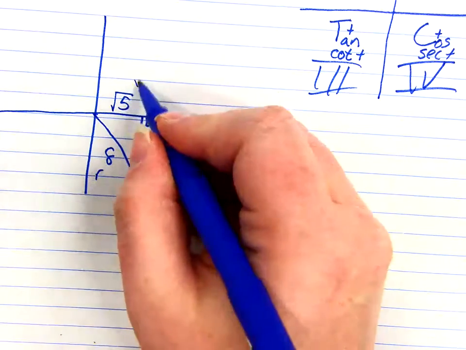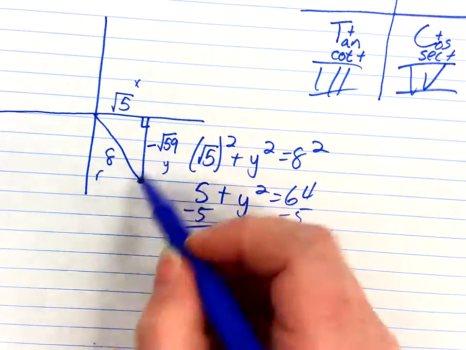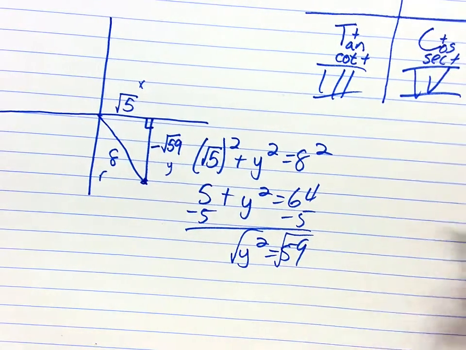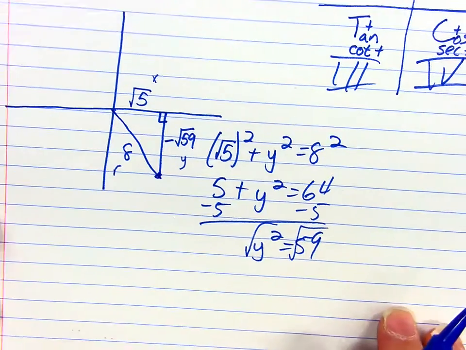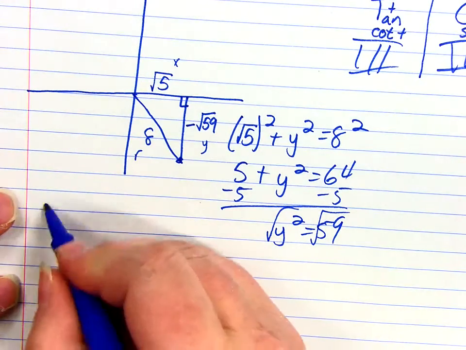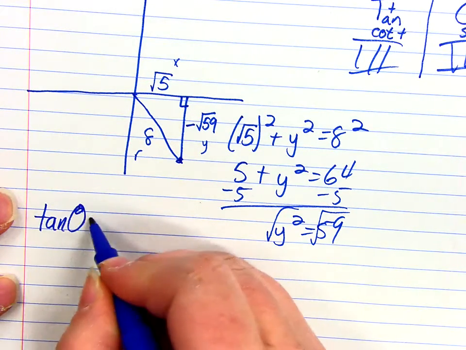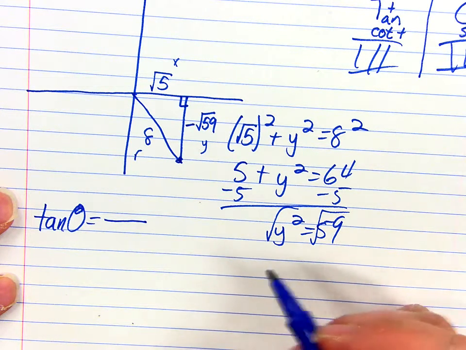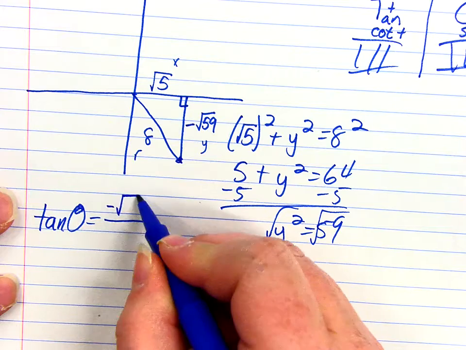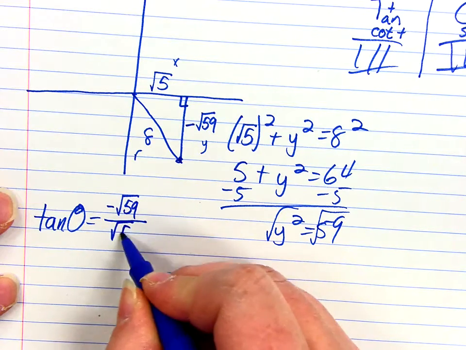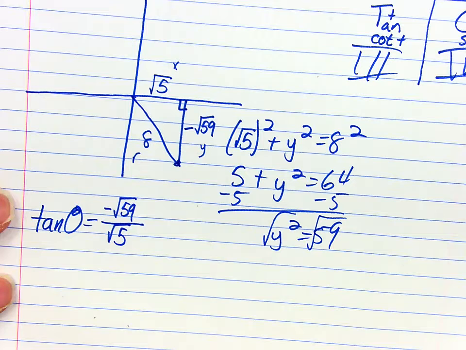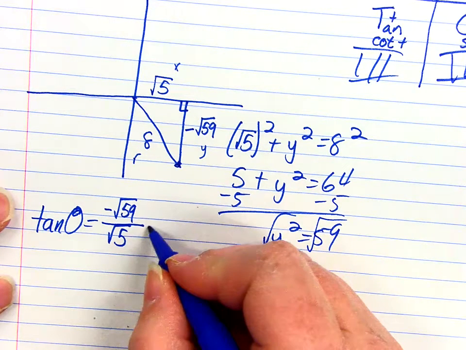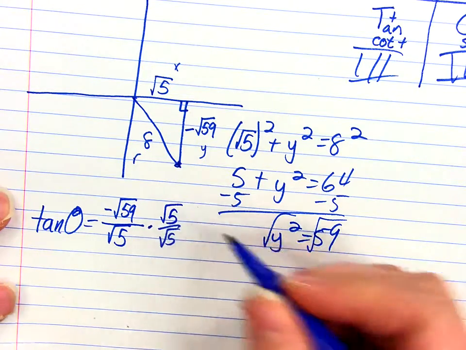So I have r, x, and y. Once you have all three, you can find any of the 6. So let's just say you were going to find tangent, right? On your formula sheet, it even tells you that tangent is equal to y over x, right? So it'd be a negative root 59 over root 5, but you're not going to leave your answer like this. You'll have to multiply by root 5 over root 5.